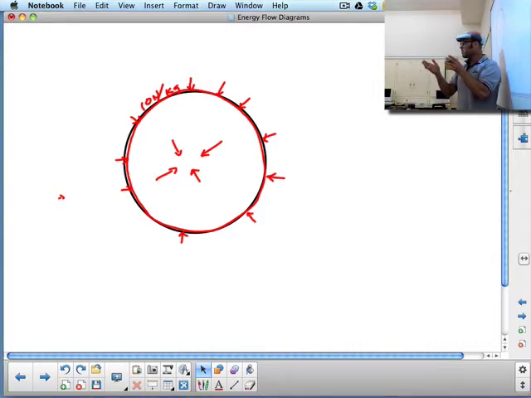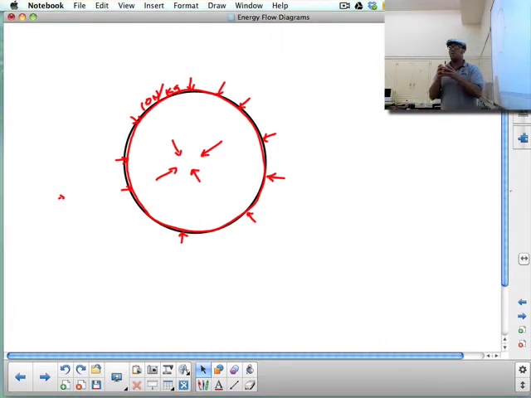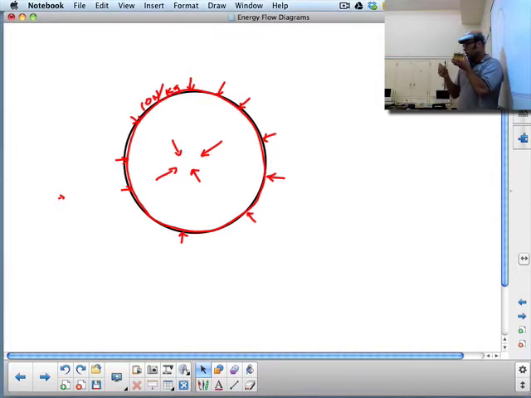No gravity field, no energy stored in gravity field. So we need a system that includes a gravity field for us to have gravitational potential energy. Those are the official words we use. So we got three storage bins: gravitational potential energy, kinetic energy. What's the third one? Everybody good?